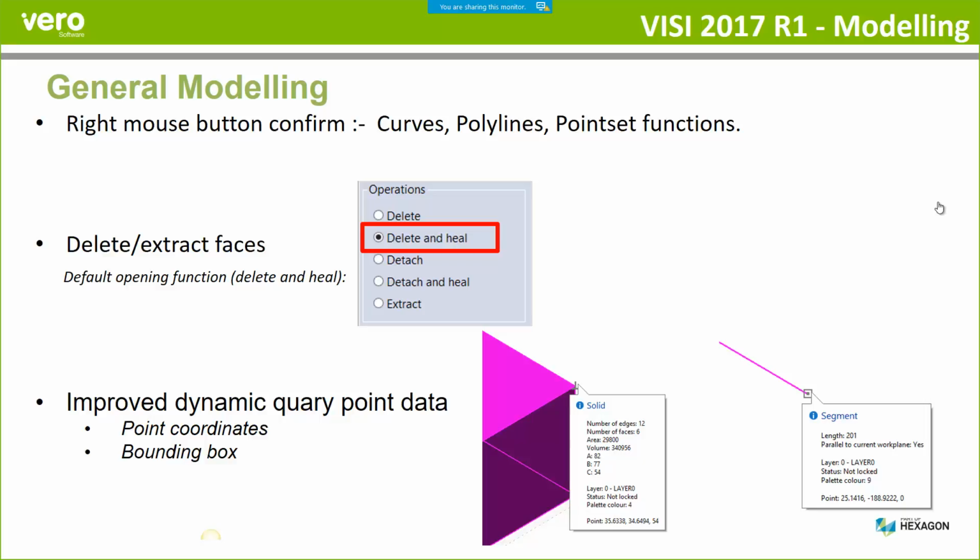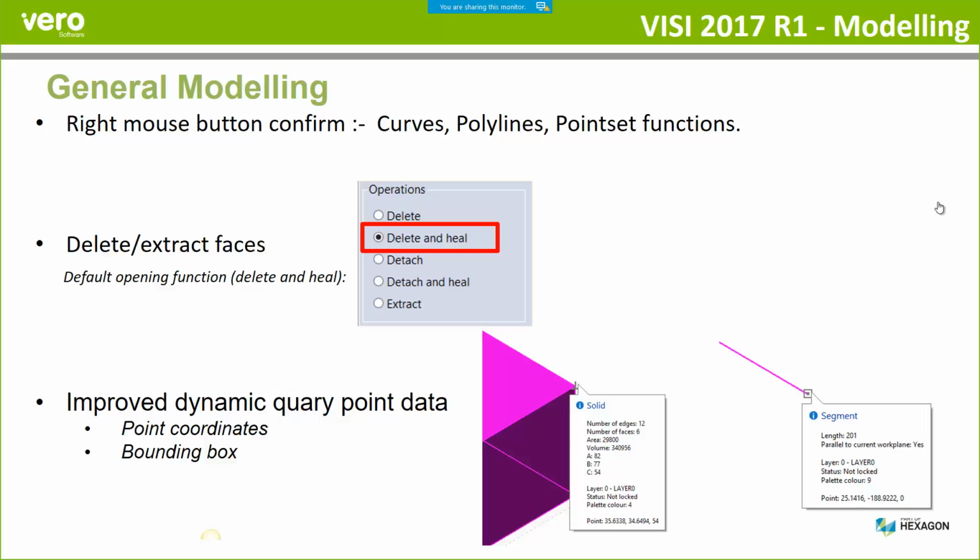I don't like having to keep navigating over to the OK button to accept dialog boxes. I'm constantly right mouse clicking to accept results. Now, frustratingly, some of the older functions didn't necessarily allow you to do this, so we've done a bit of work now to be able to confirm pretty much all the functions now using a right hand mouse button.